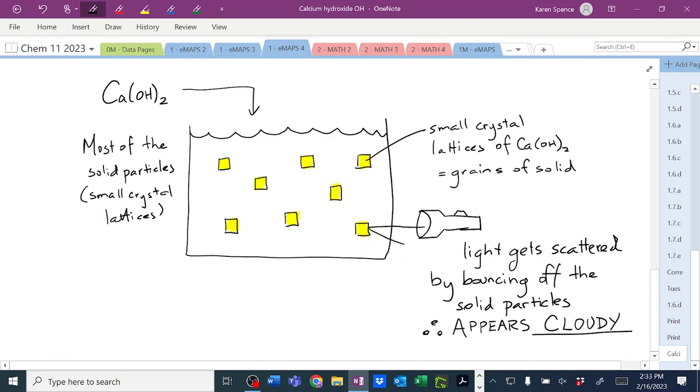So if you can imagine, within each of those little yellow squares is positive, negative, just like this. This is floating around in the water. And the reason that most of them stay intact is because calcium hydroxide is not very soluble. It does not dissolve well in water, but they stay intact and they float around.